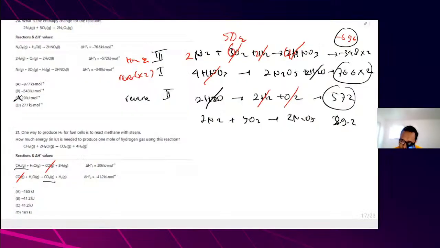Yes. And then we end up with CH4 plus 2H2O, CO2, and then 4H2. Is that correct? Yes. And then this one just plus, so it will be 5. Right? And then I mean it will be A, right?